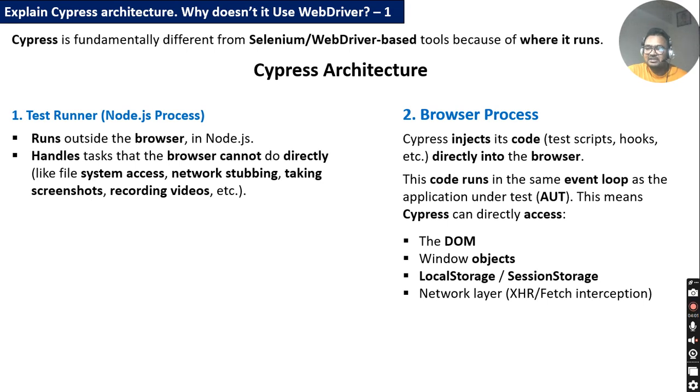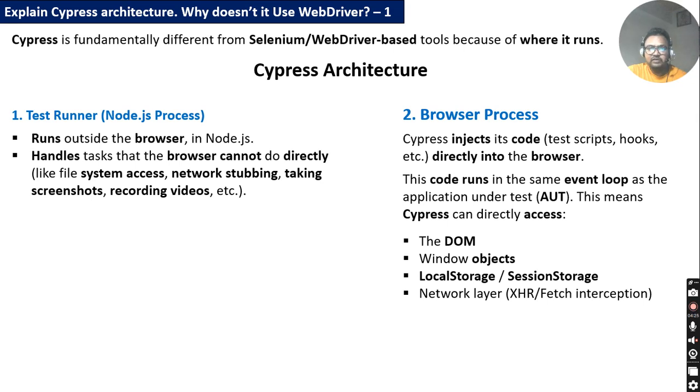This means Cypress can directly access the DOM, document object model, then the window object, local storage and session storage, and the network layer, whatever network calls are going. Those are the things Cypress can directly access, and that's why it is a bit faster than Selenium and other tools.